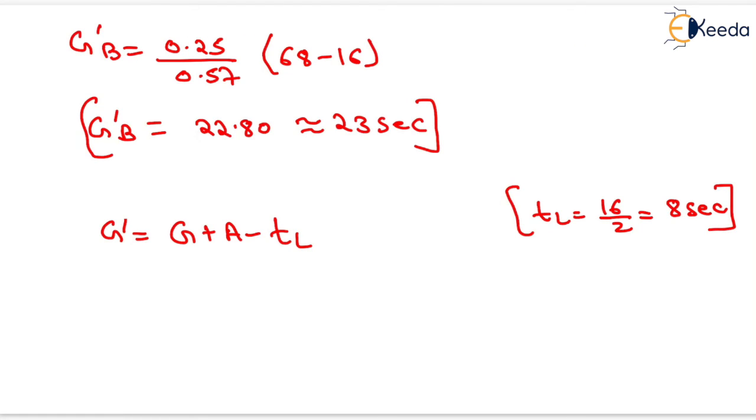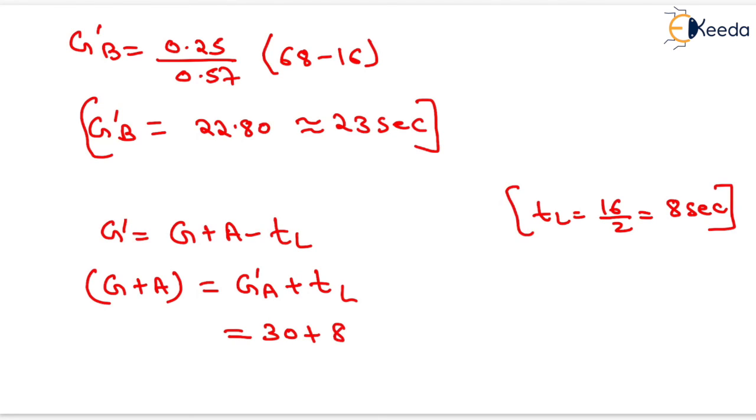So we can determine the value of G plus A, which will be equal to effective green time of A plus total lost time. So it will be equal to 30 plus 8, that is 38 seconds. So green time plus amber time will be equal to 38 seconds.